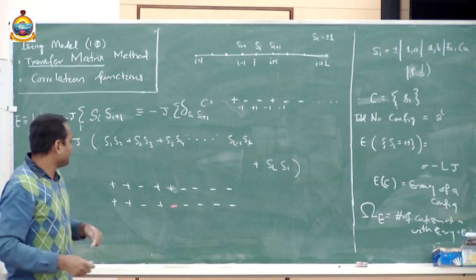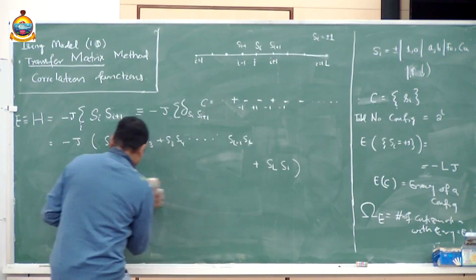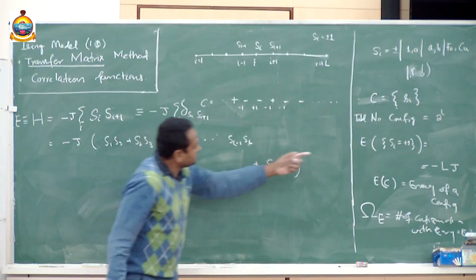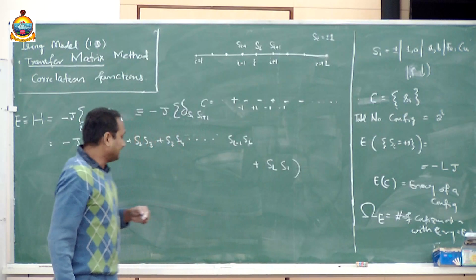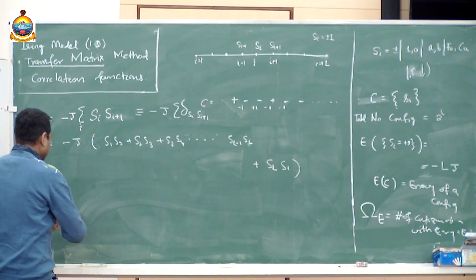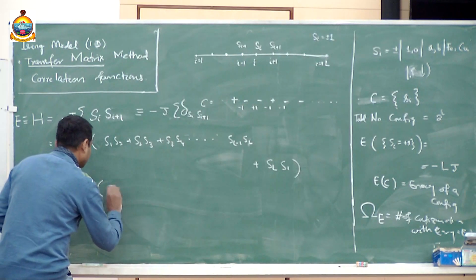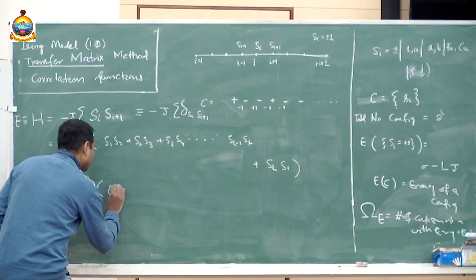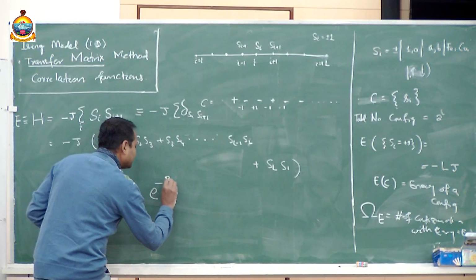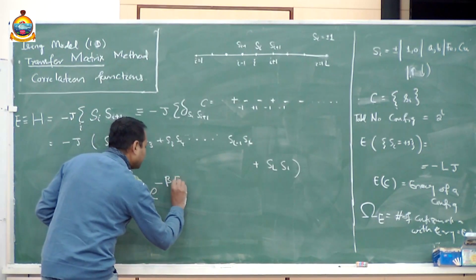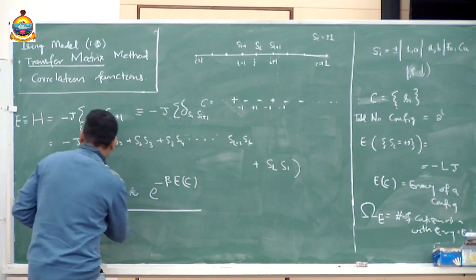But what we know from statistical physics is that if the energy of a configuration is E, and the system is at temperature T, then the probability of getting a configuration, in the stationary state, is proportional to e to the power minus beta E of C.